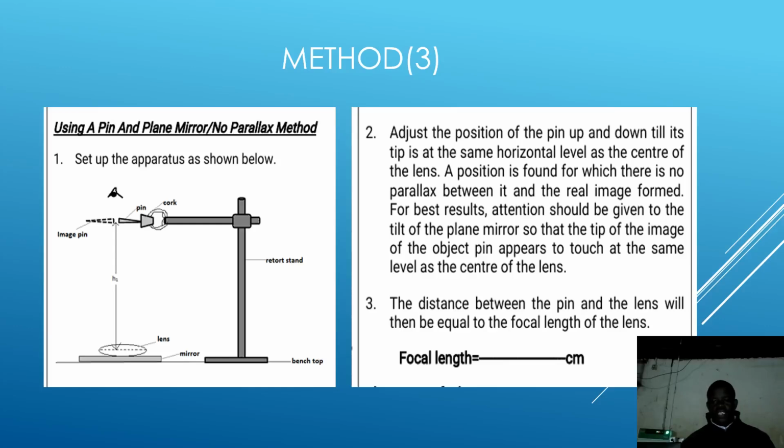For best results, attention should be given to the tilt of the plane mirror so that the tip of the image of the object pin appears to touch at the same level as the center of the lens. The distance between the pin and the lens will then be equal to the focal length of the lens.